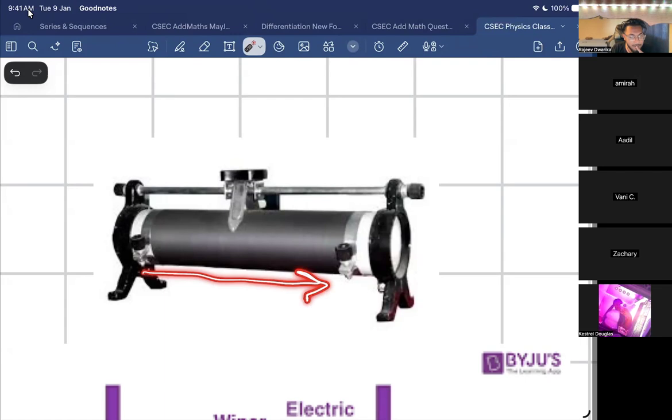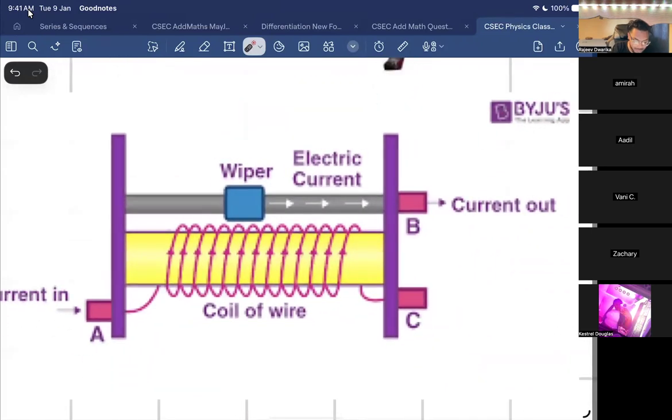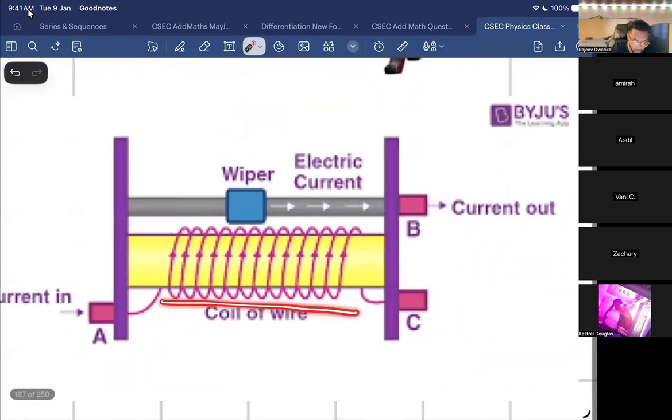The flow is restricted. Use either impeded or restricted. So you understand that the further along the coil of wire you go, it's going to impede or resist the flow of current more.